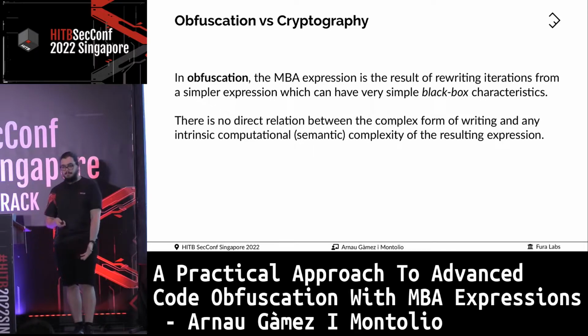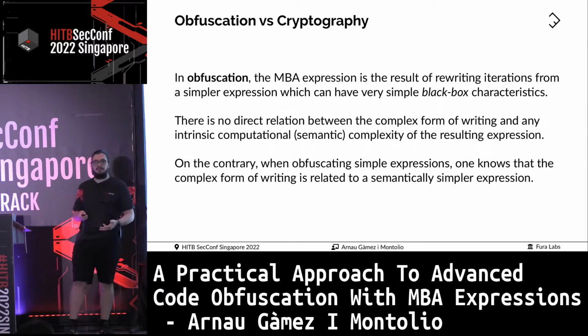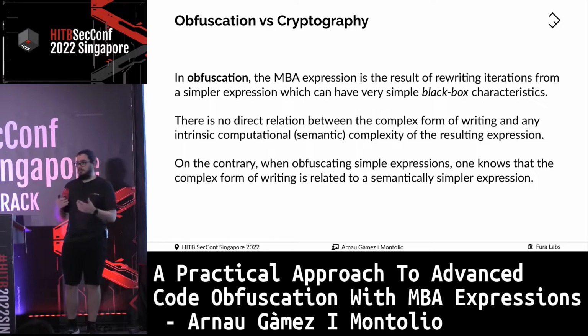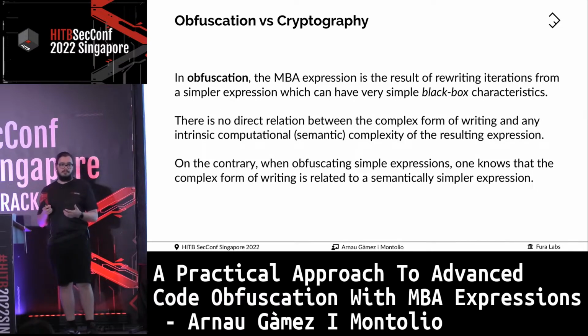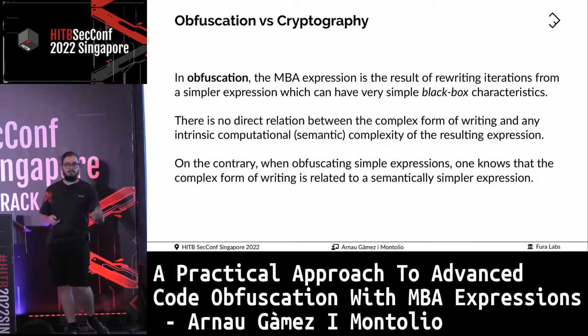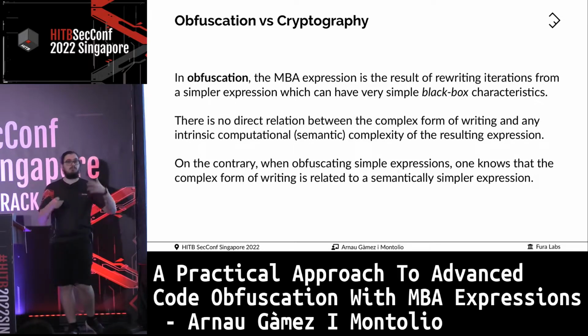But instead of being related to a very complex semantic, as was the case in cryptography, we are building them so that the semantics related to the complex form of writing are actually very simple. That's the whole point of obfuscation of simple expressions. We want to preserve these simple semantics, but present them in a way that is very complex to deal with from a syntactic point of view, from the point of view of looking at the expressions and at the code generated from that, okay?